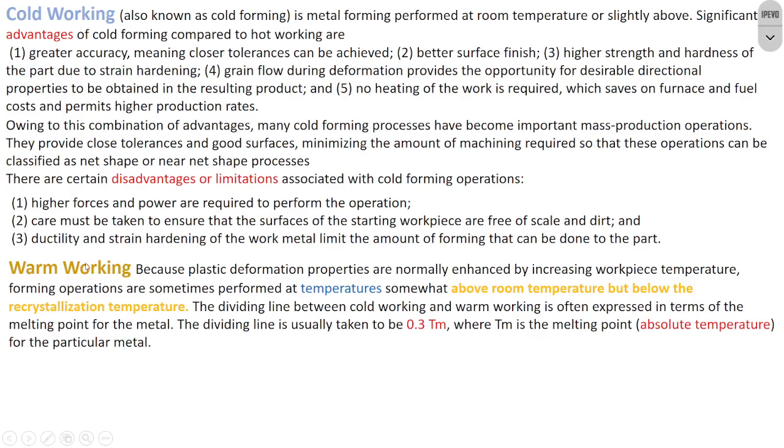In warm working, we increase the temperature but not too much. The threshold value is that the temperature of the material is 30% of the melting temperature. This is important: the temperature unit is not Celsius, it is Kelvin, absolute temperature. 30% of the absolute value of the melting temperature is the limit.